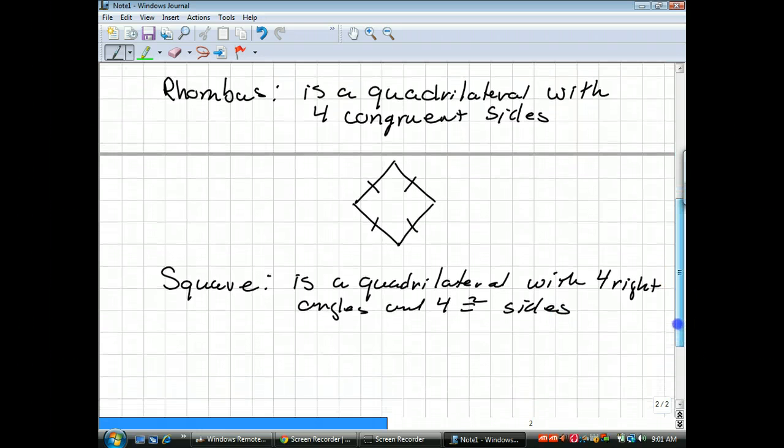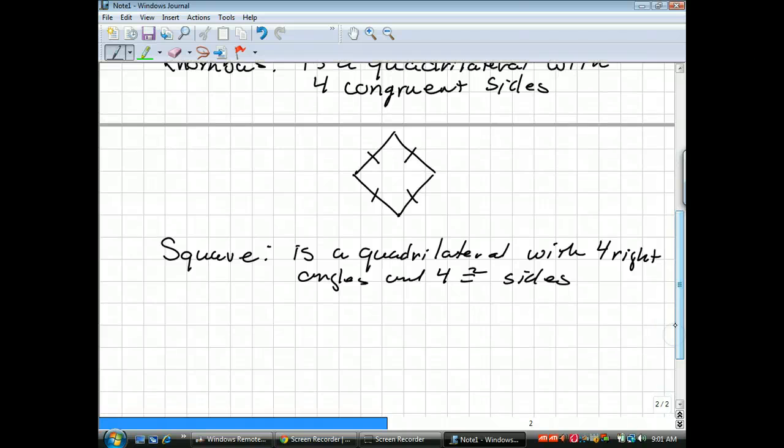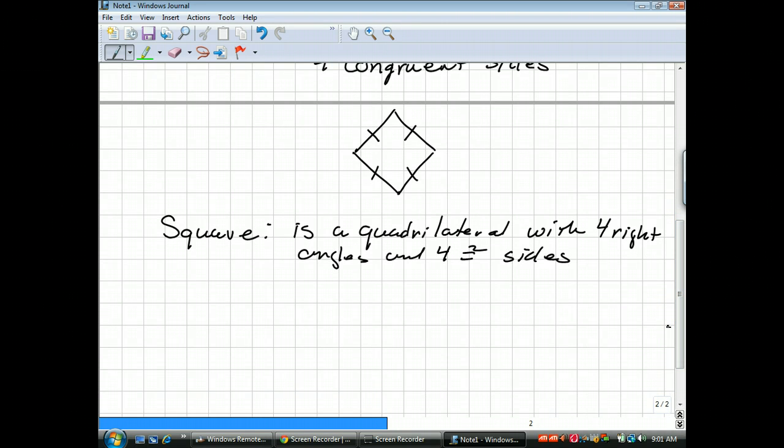Therefore, a square is also a rectangle, and a square is also a rhombus. And a square is also a parallelogram, because if we have 4 right angles, opposite angles are congruent, and if we have 4 congruent sides, both pairs of opposite sides are congruent. Therefore, it must be a parallelogram.